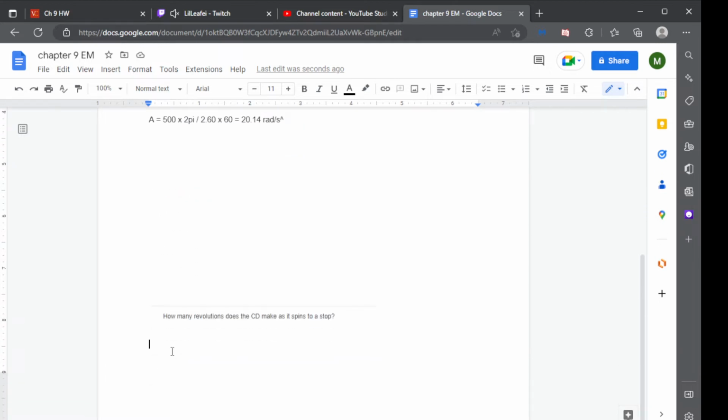Going down to our second question: how many revolutions does the CD make as it spins to a stop? It sounds to me like we will use angular displacement, but to do that we will use the number from our previous question.